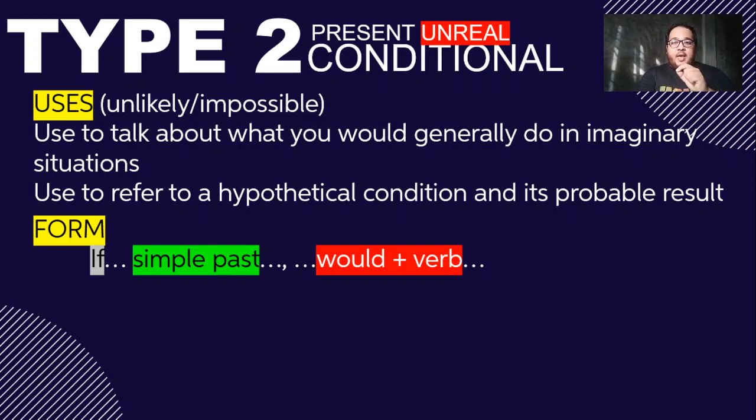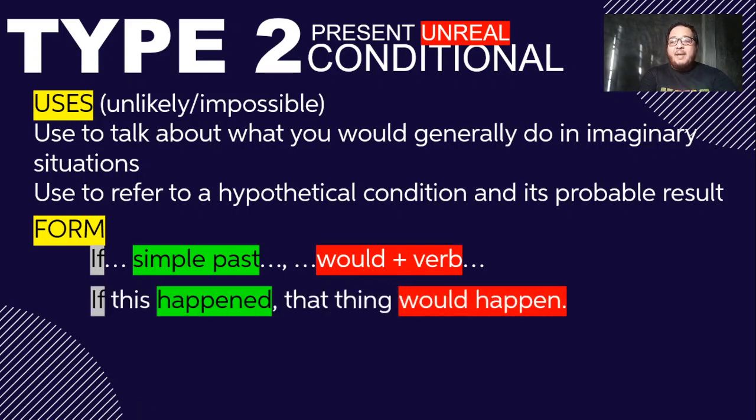In the if clause, we made use of simple past. You have to take note here. In your zero conditional, all present tense. But in your type 2, in the if clause, you make use of simple past, and in the main clause, you make use of would plus the base form of the verb.